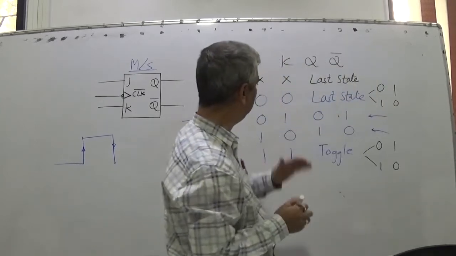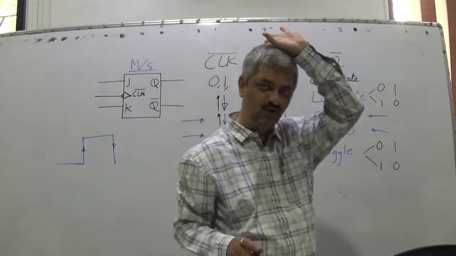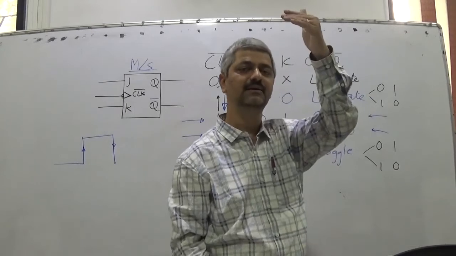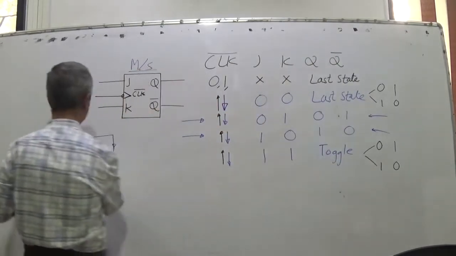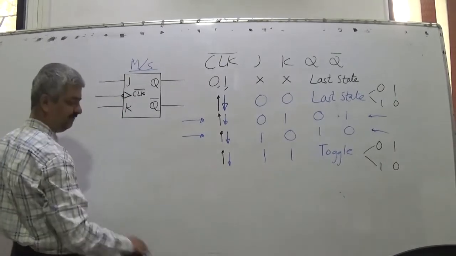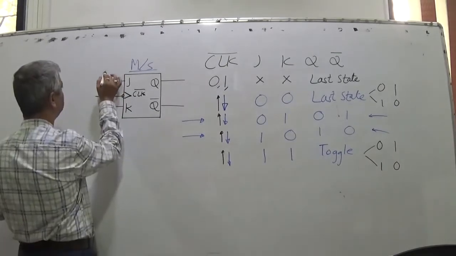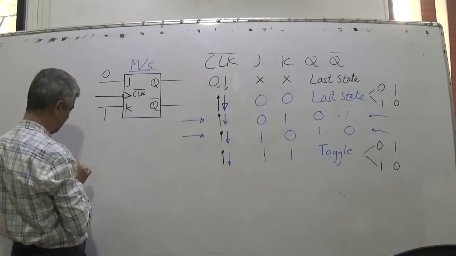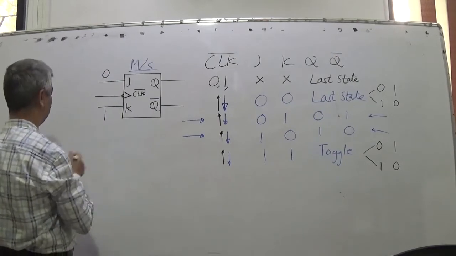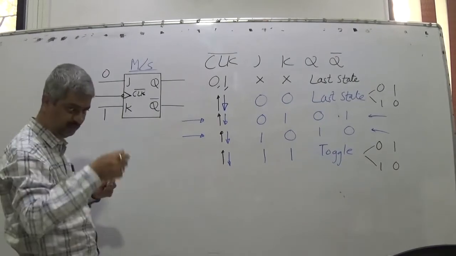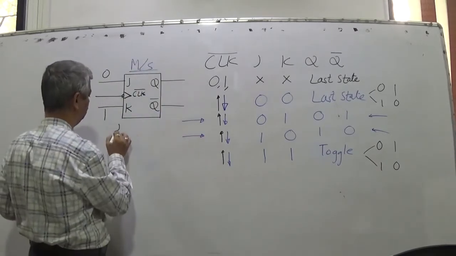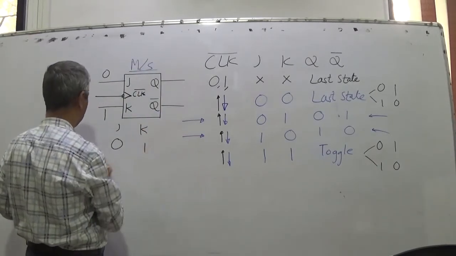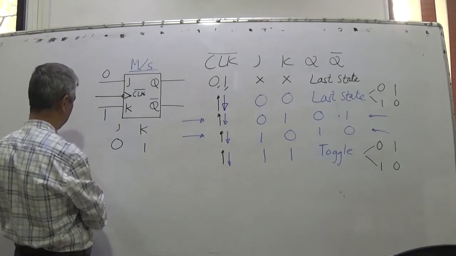Means if last state was 0, 1 and... I will explain it in very detail. Suppose I keep J 0, K 1. I have switches, I can control any input. I keep J 0 and K 1 and then give a clock.